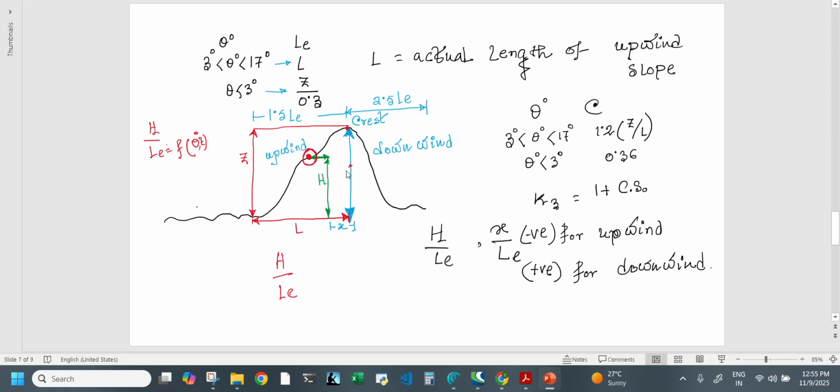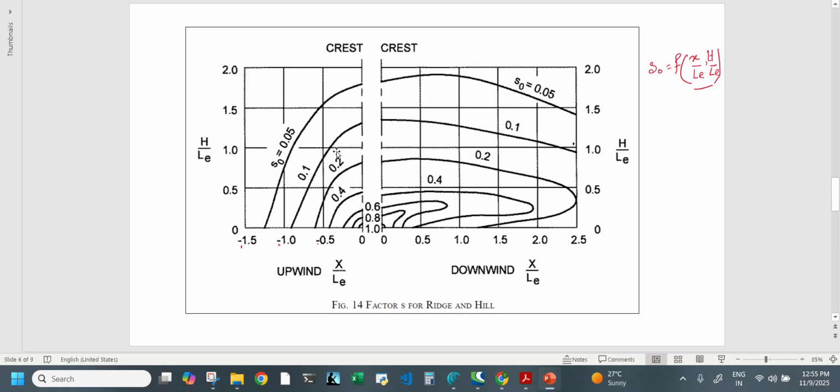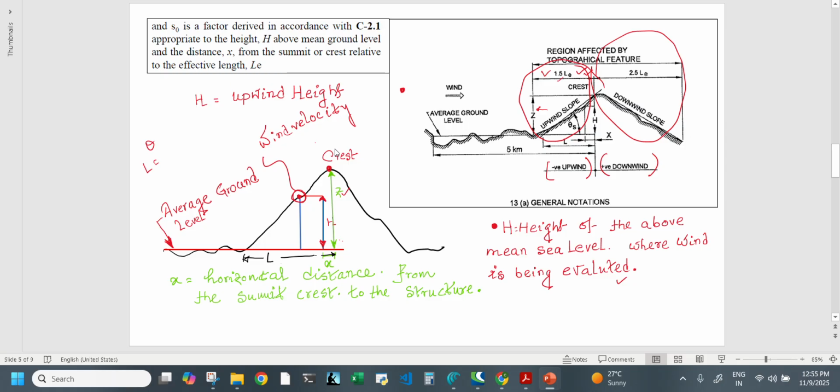This is the crest height, and from this point to this point, this is the point we want to evaluate.